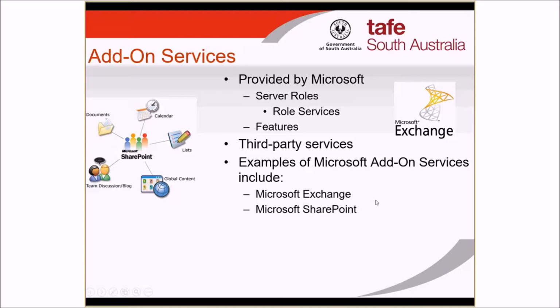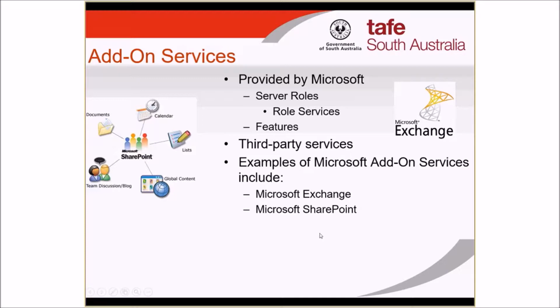There are also additional services that you can install onto your server from Microsoft, but these are not part of the package that you buy with the operating system. With the operating system, you get a whole heap of roles and features, which is great, and that's what it should give you. But what if you want something more? What if you want Exchange Server, which is the email server? What if you want Microsoft SQL Server, which is another database server? What if you want SharePoint?